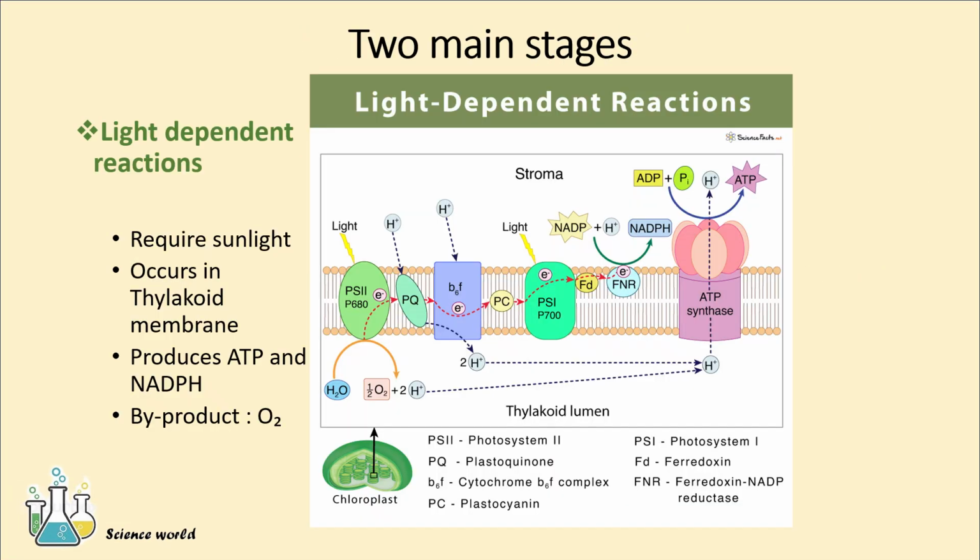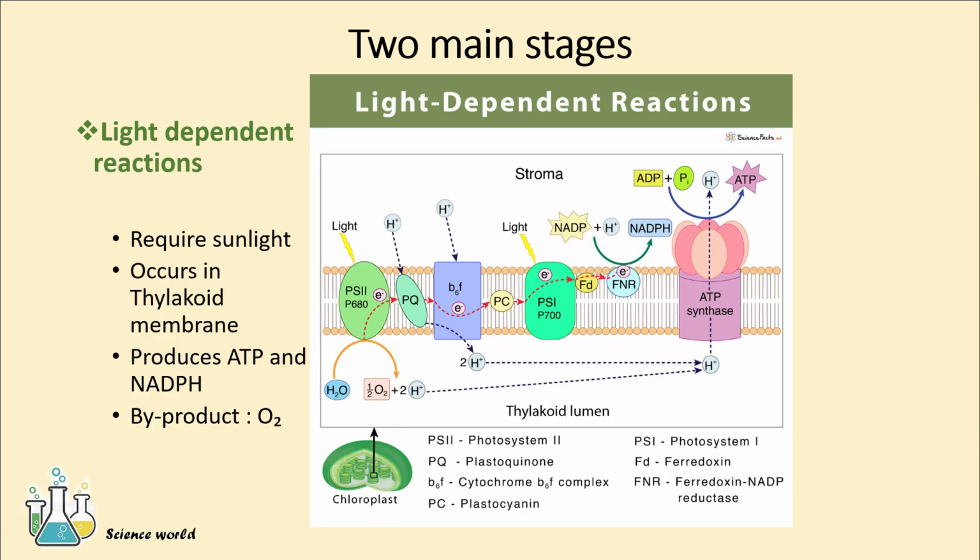So we will see what the light dependent reactions are. As the name implies, light dependent reactions depend on light, so they require sunlight, and they happen in the thylakoid membranes. Also, you can see the thylakoid membrane here, and inside of the thylakoid membrane you can see the thylakoid lumen, and outside of the thylakoid membrane you can see the stroma.